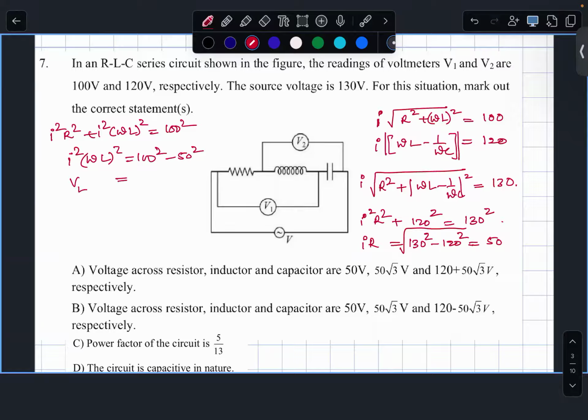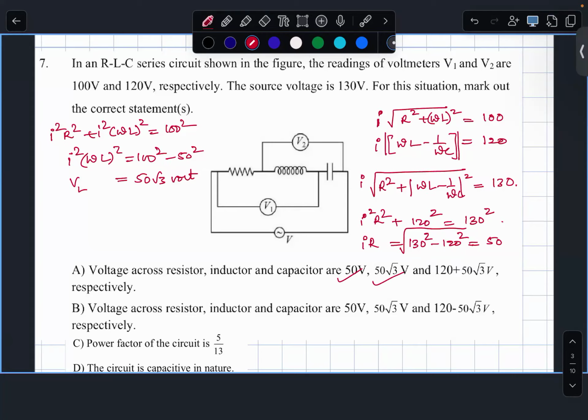So drop across the inductor is 50 root 3. So therefore, voltage across the resistor is 50 volts, voltage across the inductor is 50 root 3 volts.